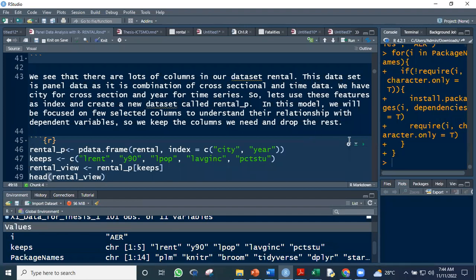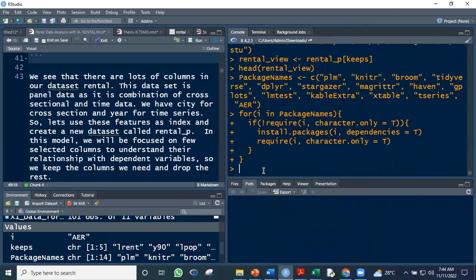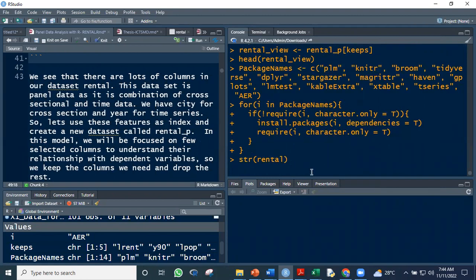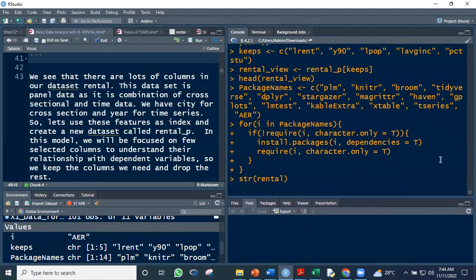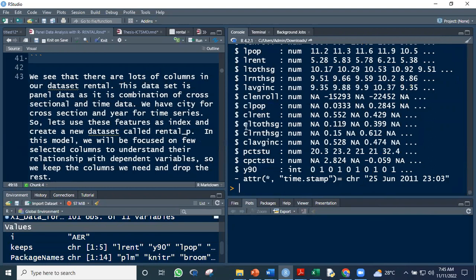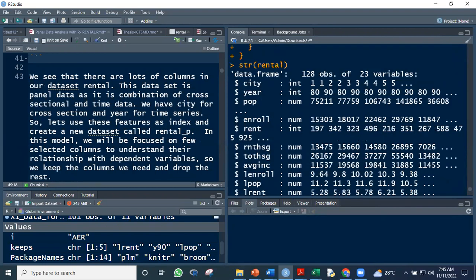Now let's review what we did last time. So here, it's important that if we check the structure of rental, maybe this should be already a panel, but if we have not yet converted the structure into a panel data, then this should appear to be a data frame.